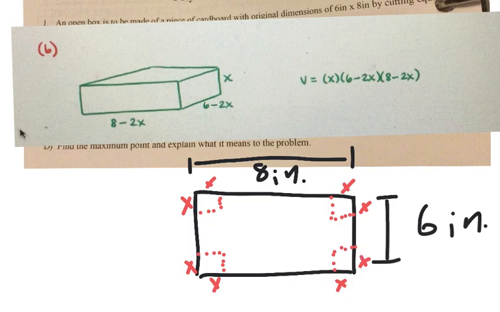All right, so that's where they get this side length of 6 minus 2x, because you're losing both of those x's. And then same here with the 8 minus 2x. This whole side length used to be 8. If I cut the corners, now it's 8 minus 2x.